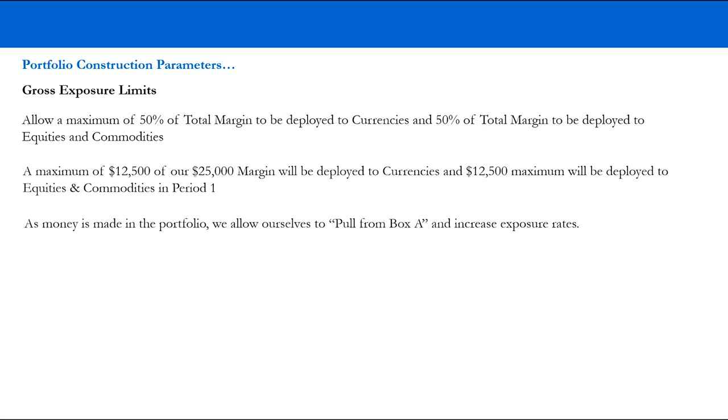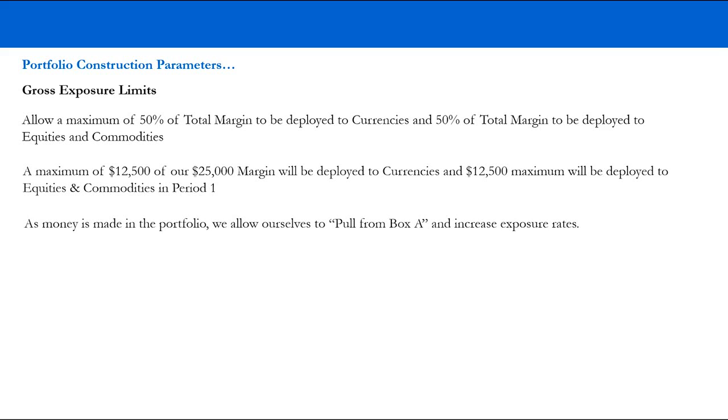So out of the margin that we've deposited, the $25,000 in this example, we're going to be allowing a maximum of $12,500 to be deployed to currencies, and $12,500 maximum will be deployed to equities and commodities in period one. And when we mean period one, what we mean is when we start out, when we haven't made any money yet.